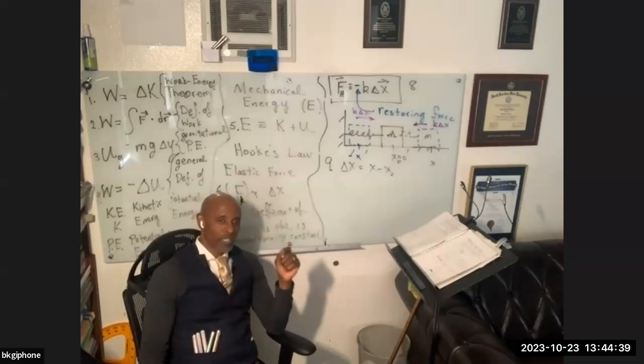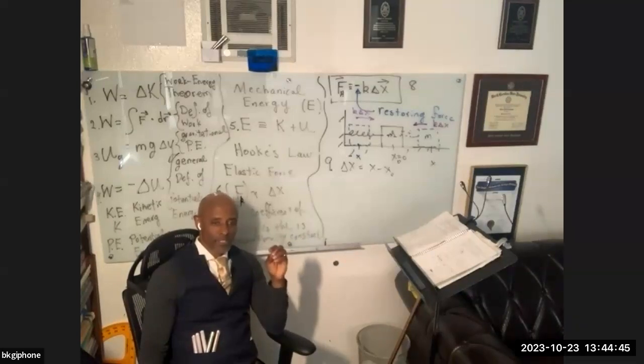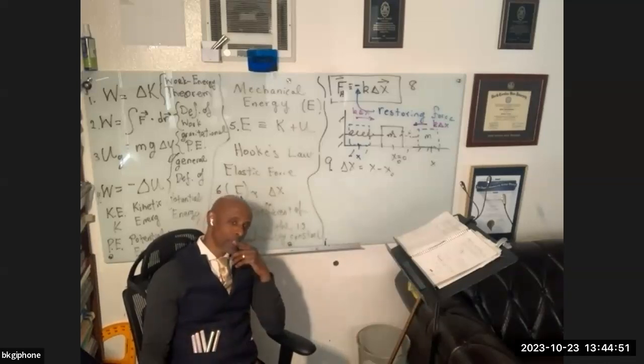So what we say to avoid having to think about that or account for that is that an ideal spring is a massless spring, because if it doesn't have any mass, there are no atoms or molecules to rub together, even as it moves.